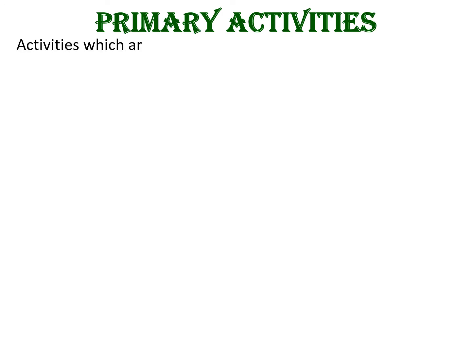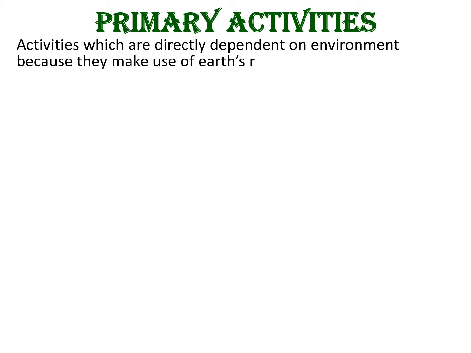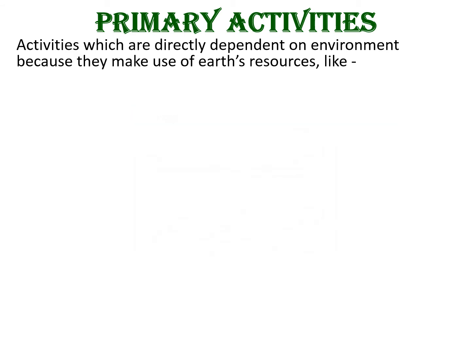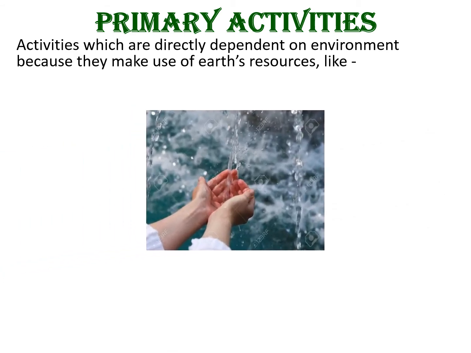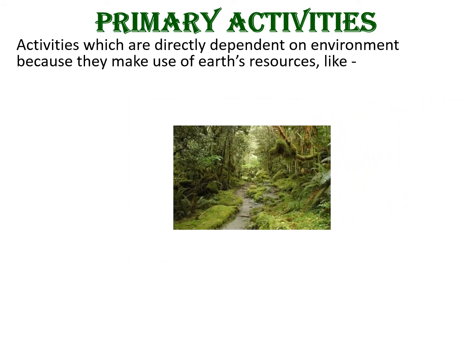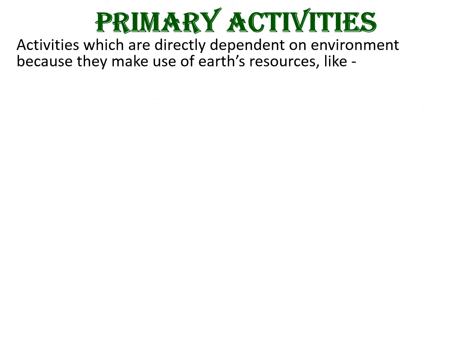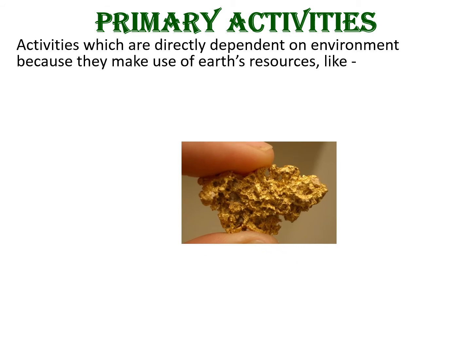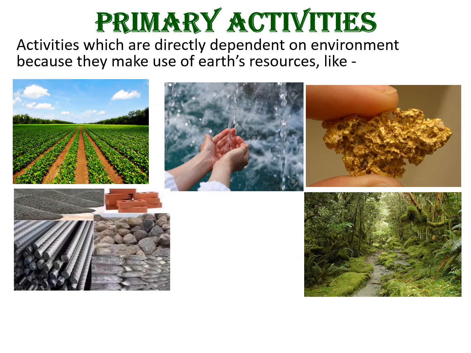Primary activities are those activities which are directly dependent on the environment because they make use of Earth's resources like land, water, vegetation, building materials, minerals, etc. Therefore, it includes hunting and gathering, pastoralism, fishing, forestry, agriculture, and mining and quarrying.